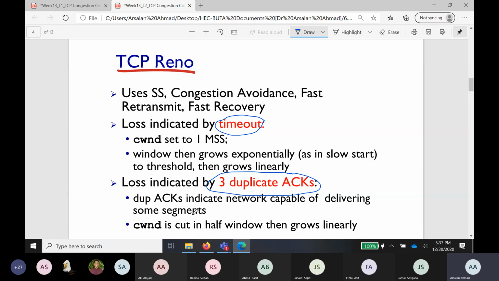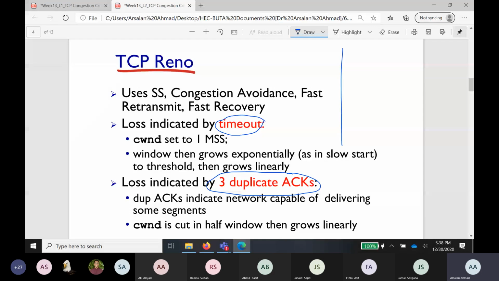When a sender receives a duplicate acknowledgement, it means yet another new segment was received correctly by the receiver. Whichever it was, there is a gap, so there is definitely a loss. I don't know how many segments are being lost, but I do know that the oldest one was definitely lost.